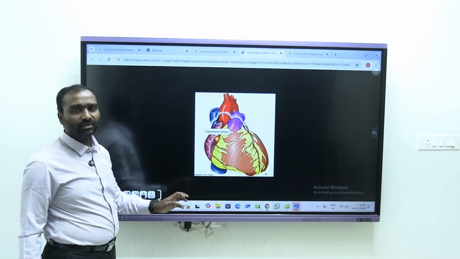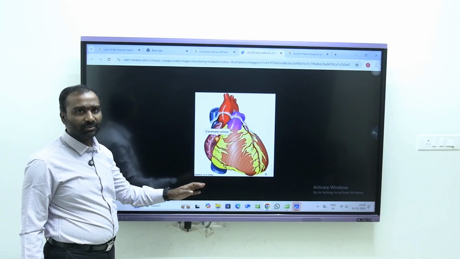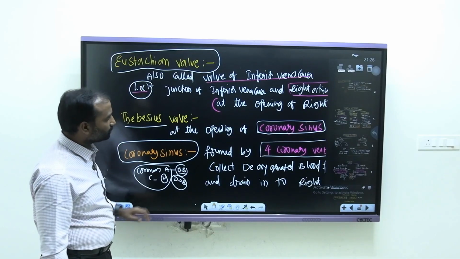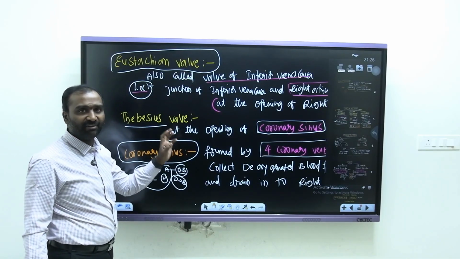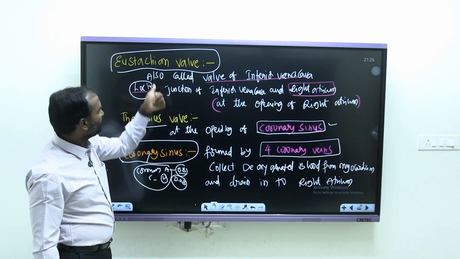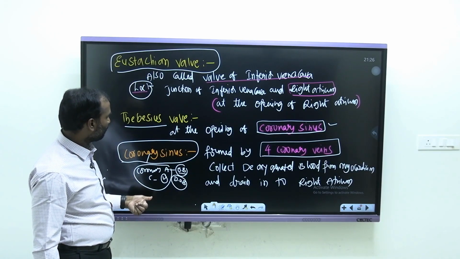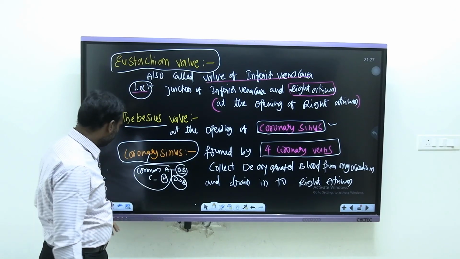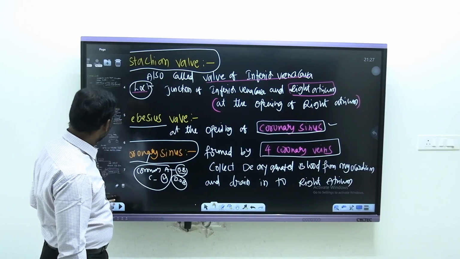So this is about the upper chambers. What are those? Atria and the valves which are associated with the atria. So here 2 are there. What did we discuss? Eustachian valve as well as the sebaceous valve. Okay, now these 2 are present in the right atrium only. Okay, right?